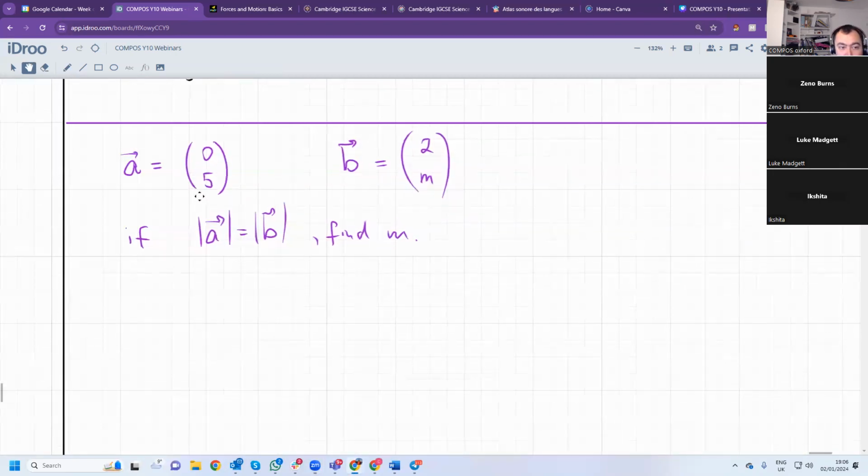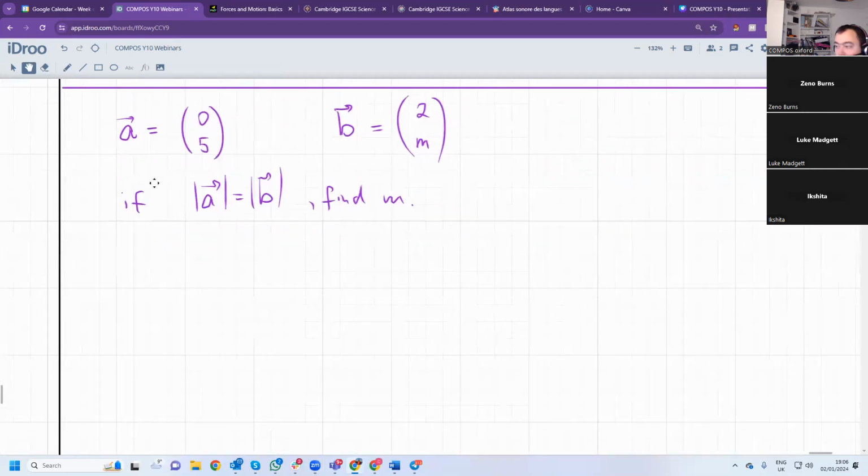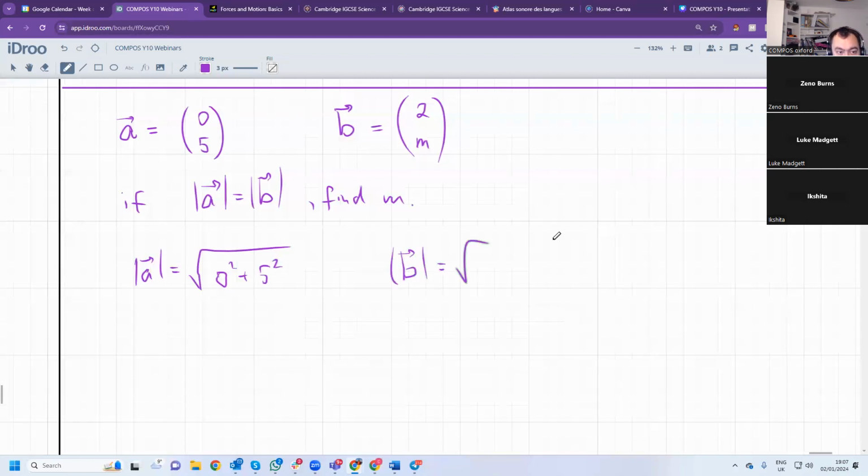Well, we first need to work out what modulus A and modulus B are. Modulus A is equal to the square root of 0 squared plus 5 squared, and modulus B is equal to the square root of 2 squared plus M squared, because that's the length, the magnitude of the vector.